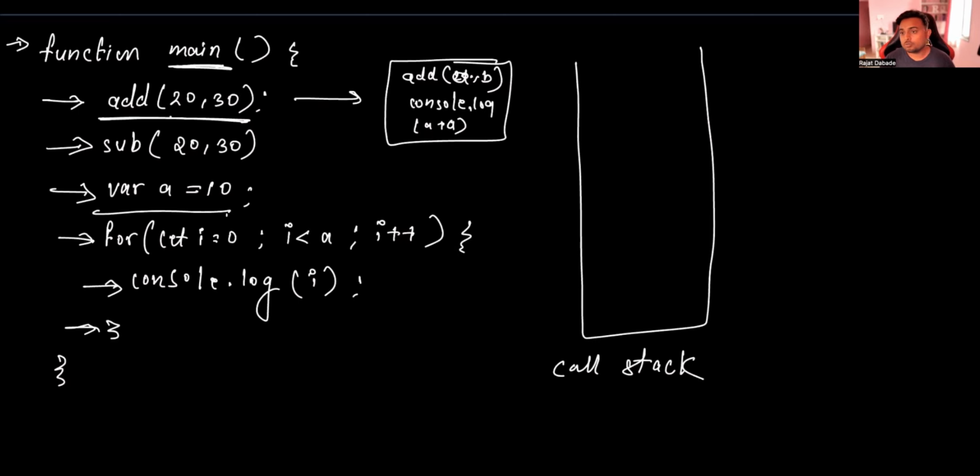But what about non-blocking code? What about asynchronous code? Let me give you an example. Suppose we have to make an API call.